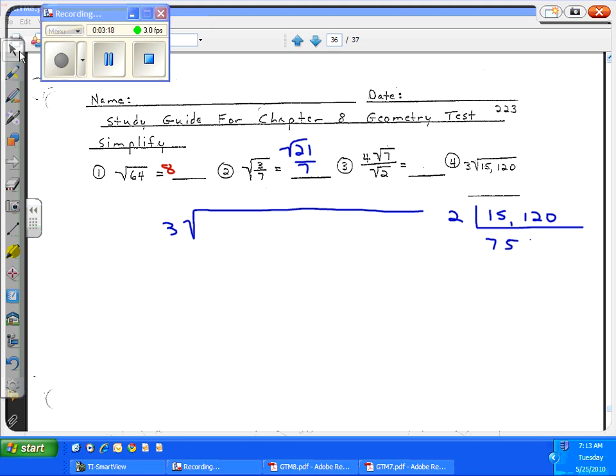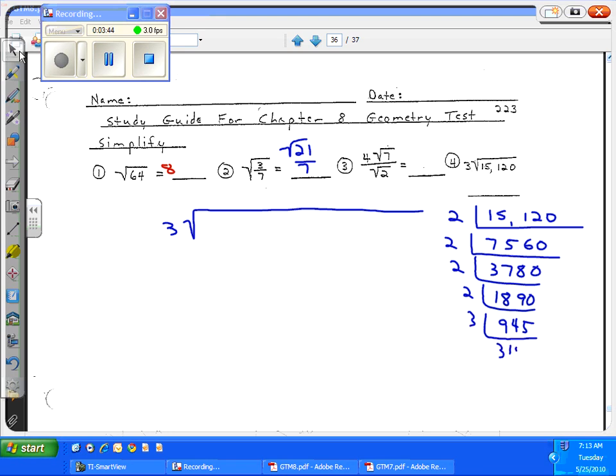We would have 7,560 when you divide by 2. Divided by 2 is 3,780. Divided by 2 is 1,890. Divided by 2 would be 945.